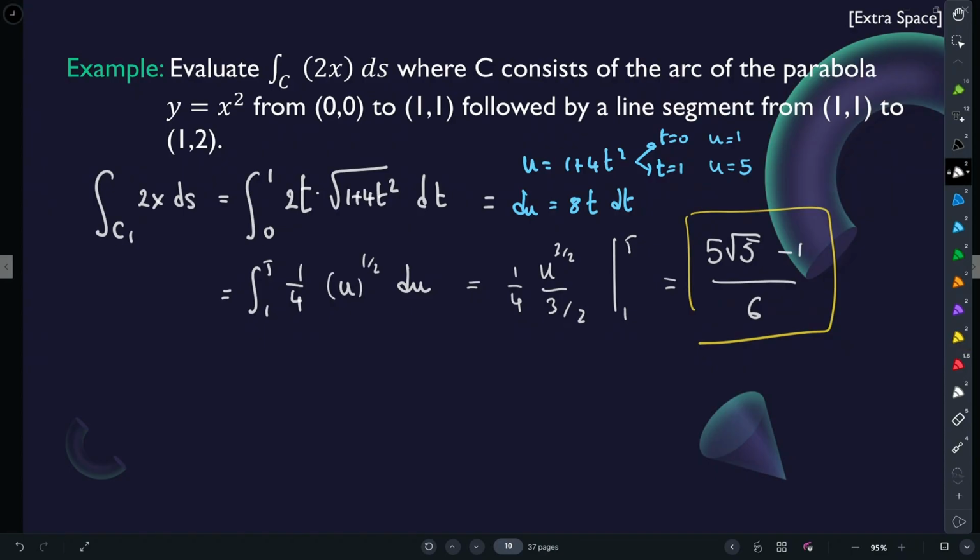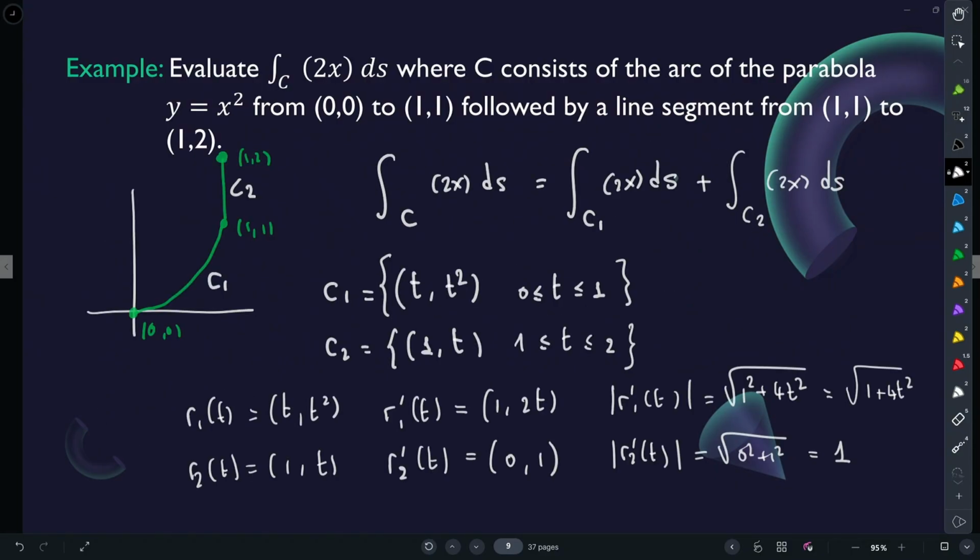I have a second segment to worry about, the integral over the second segment. In the second segment, the parameter that I'm choosing, I could choose a different parameter, but here it just matches that t is going to go from 1 to 2. In any case, I'm parameterizing this piece.